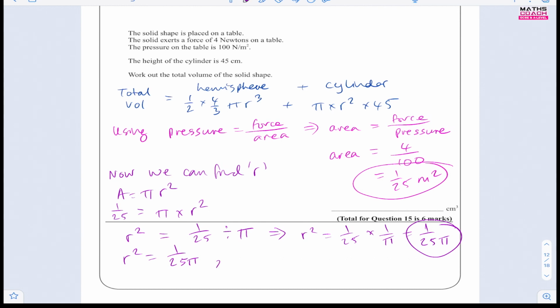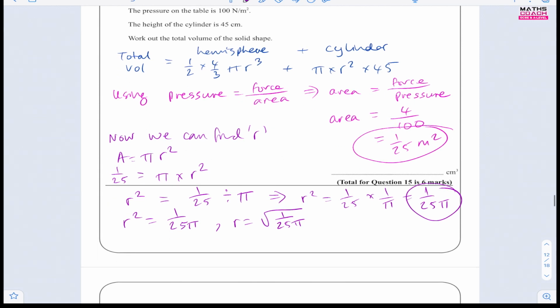So r squared is equal to 1 over 25 pi. And if we take the square root of this, so r is going to be equal to the square root of 1 over 25 pi, we get the value of r, which is 0.1128... meters. Now, I need to alert you to something very, very important that you may miss in a question like this.